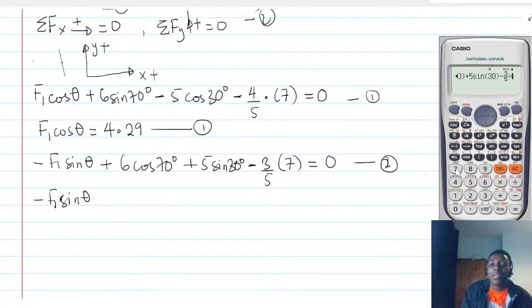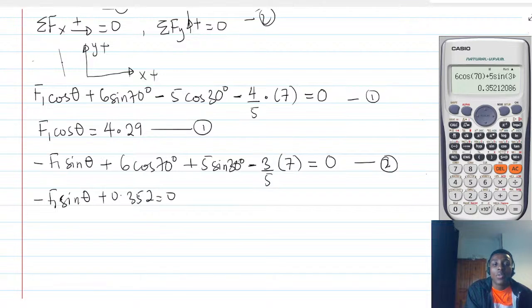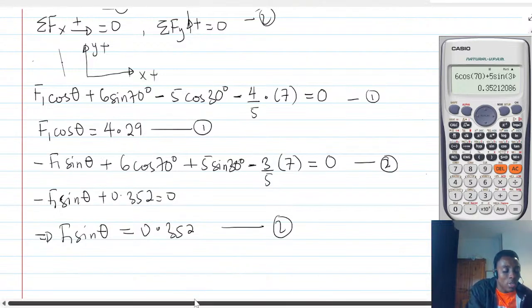So multiply by 7. So 0.352. So plus 0.352 to be 0. So it implies that F1 sine theta is what? 0.352. Let's call this equation 2.